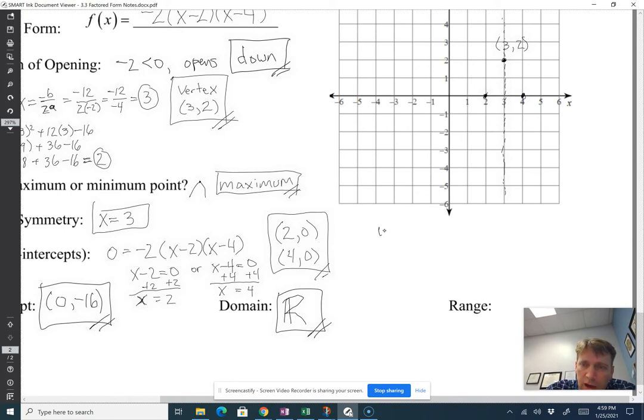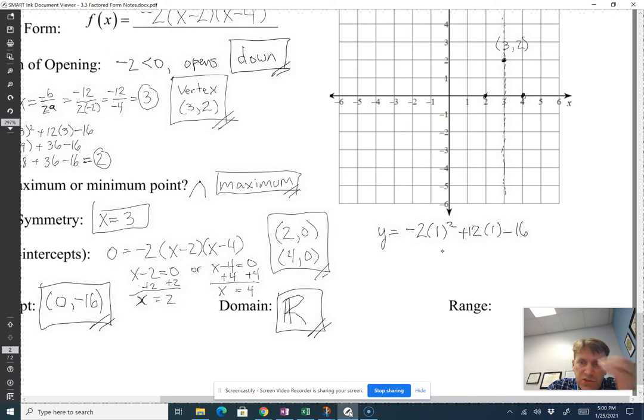So I'm going to say y equals -2 times 1 squared, and I'm just using the original standard form equation, plus 12 times 1 minus 16.